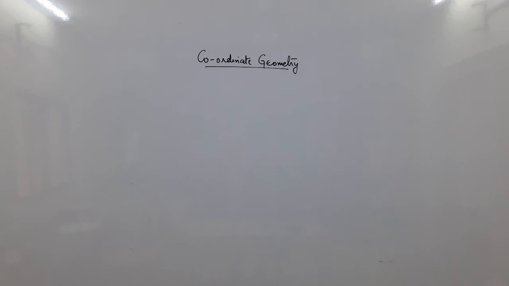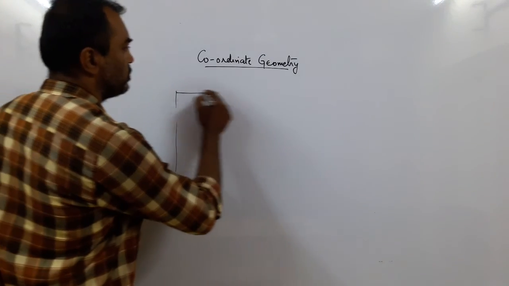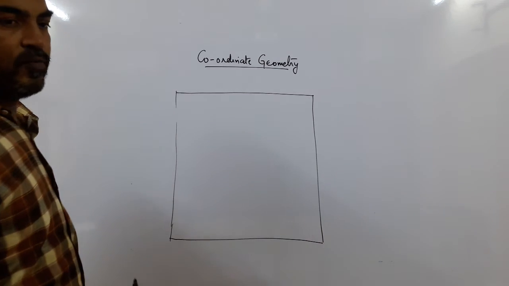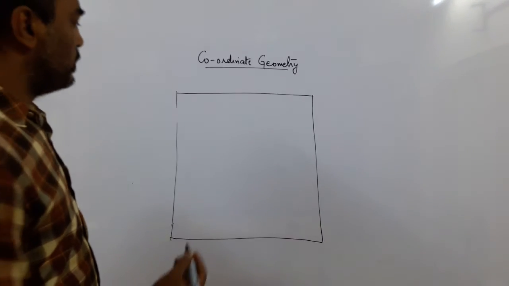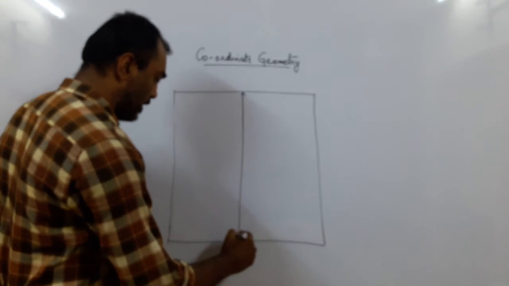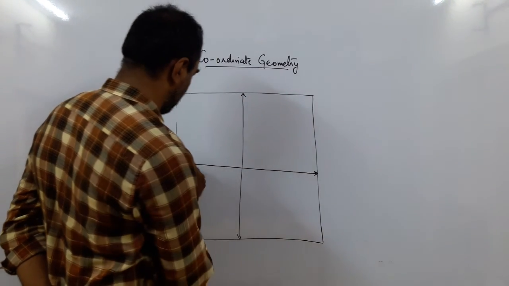Yes, so the last part of the chapter is plotting the points on a graph paper. So you'll have to collect a graph paper. Graph paper is green in color with many blocks in between. So this is sort of an activity which you'll have to follow. Exactly in the middle of the graph paper, you draw the y-axis and the x-axis.